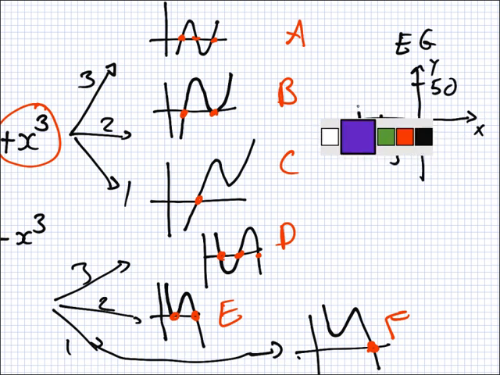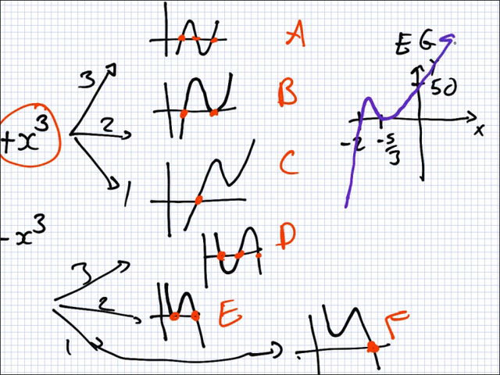Okay, so let's draw this in. Sorry, let me think. I don't quite have the scale right. So it goes up. It'll go down to this one. And whoop, off we go. So it has a root at minus 2 and then at minus 5 over 3.